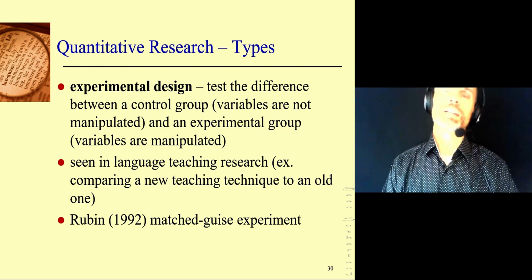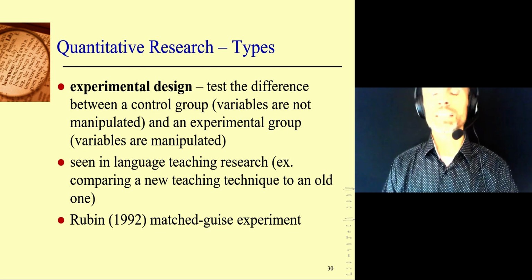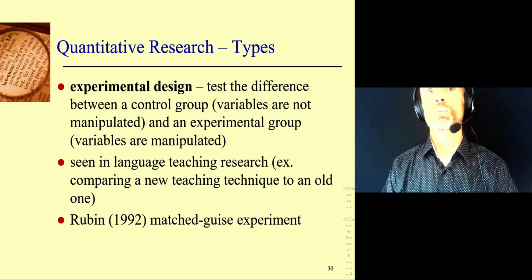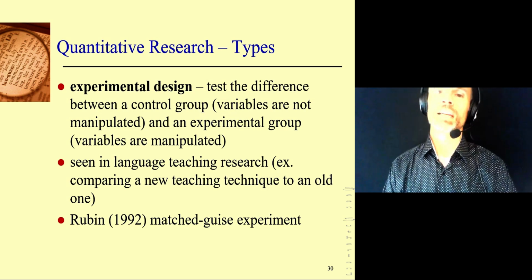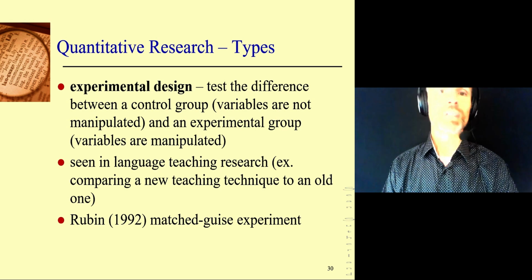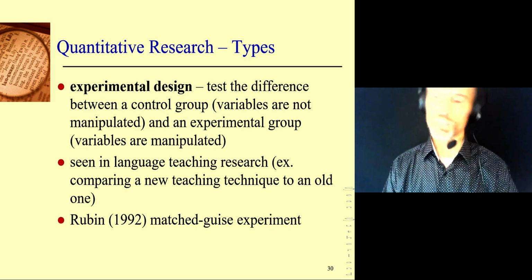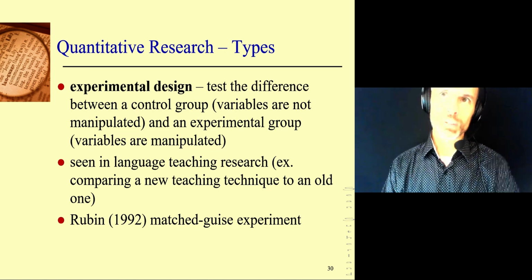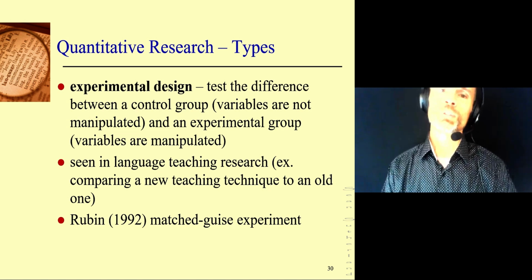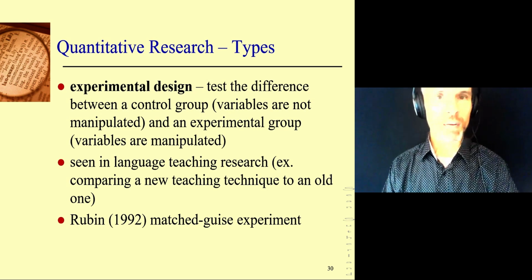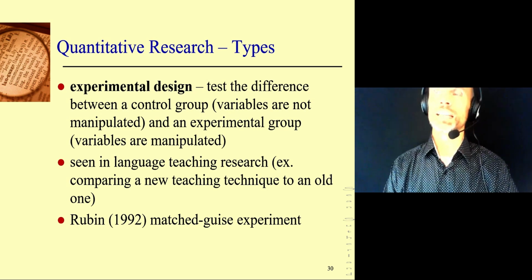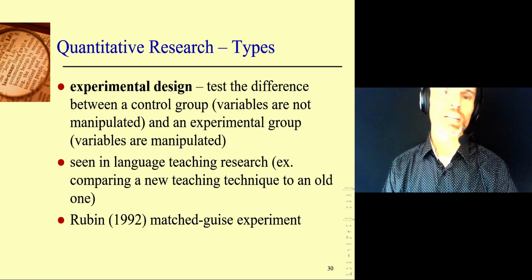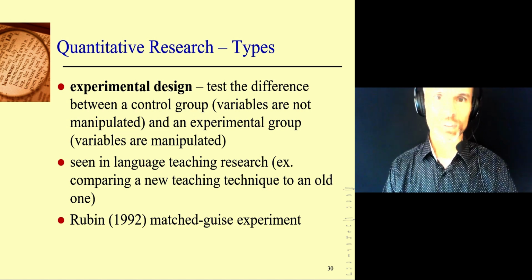He played the lecture. As you can perhaps guess, when the students were asked about the lecture, those who saw the white woman's face presented as the lecturer made comments about the lecture. It's interesting, it's not interesting, it's difficult, it's not difficult. They made no comments about the language use. For the students who were shown the Chinese woman's face, they made comments about the lecture, but they also made comments about the language use and said things like, this was sometimes difficult to understand because of her accent, and so on.